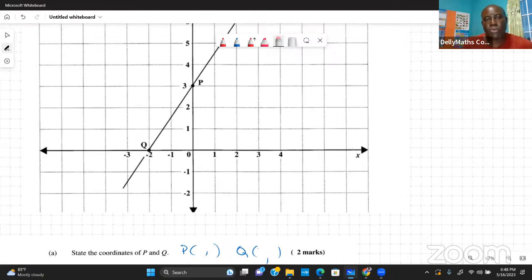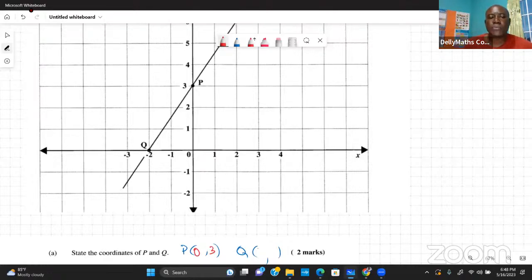P, we're looking at P right here. Please remember that you read the X value first. On the X axis, 0 meets 3 on the Y. So that's the order. X value first, then Y value after. So you're talking about P is (0, 3).